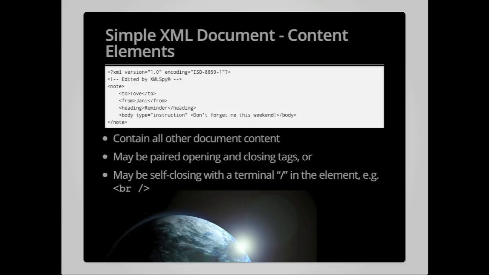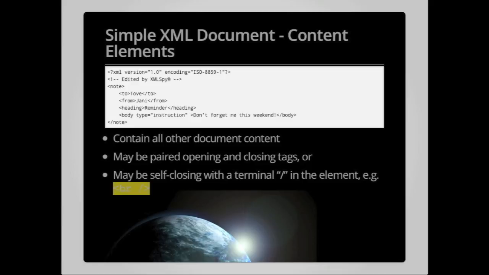Content elements essentially contain all of the other document content, and they may have paired opening and closing tags, as we just saw with the root element, or they may be self-closing, in that they are essentially a single tag that has a terminal slash at the end of the element before the closing bracket, as you can see here with this example of an XHTML break element, where you have an opening bracket, BR, space, slash, closing bracket.